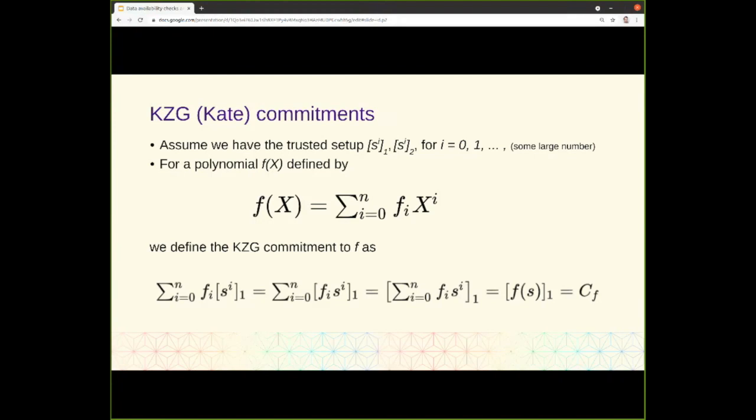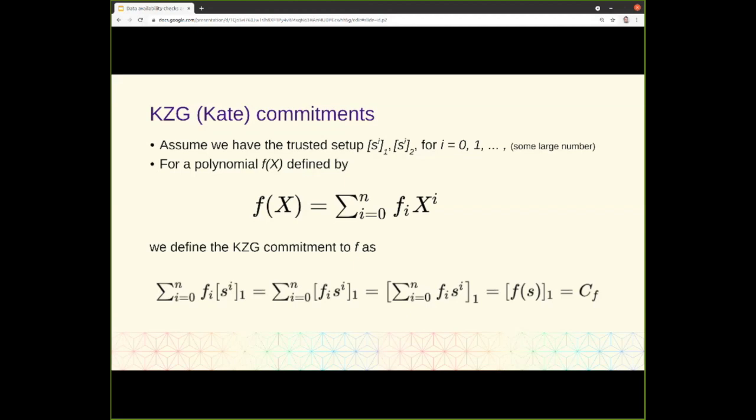One property, and the reason why I'm writing them in these brackets, is that elliptic curves give us a way of making computations over finite fields in a black box way. You can't look inside these brackets.